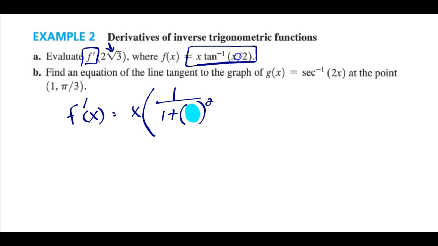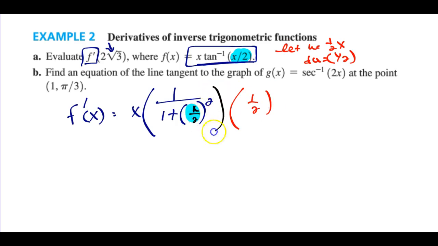I'm going to do a u sub here, where I'm going to let u be this 1/2 x. Then remember, you're also going to have a du. So there should be a 1/2 floating around. Well, I'll write it now so I don't forget it. That's my du. And in here is x over 2 for my u and du.